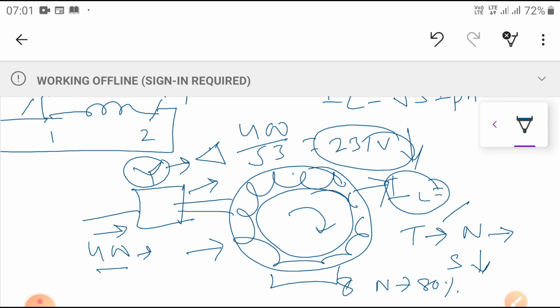Once the rotor reaches its normal speed, near 80%, we shift the windings from star to delta. Then the rated voltage given at the terminals is totally applied across the motor winding, and the motor runs under normal condition, ready to take load. So this is the basic concept.